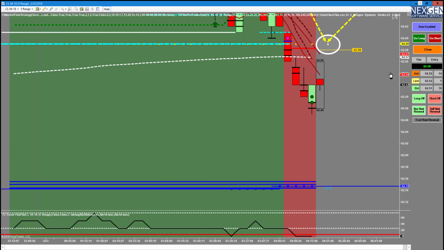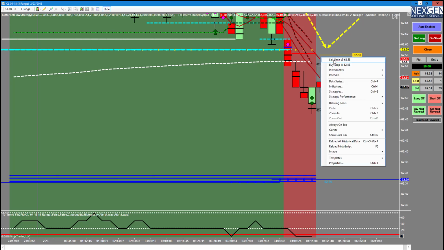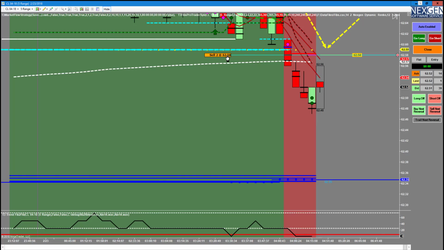There is a second option available to you, for a certain situation where we may want to just place an order directly at the spot where we want to go short, or maybe a tick below it or so.